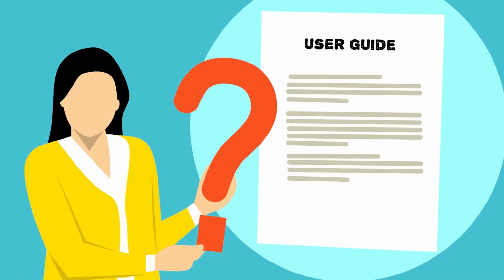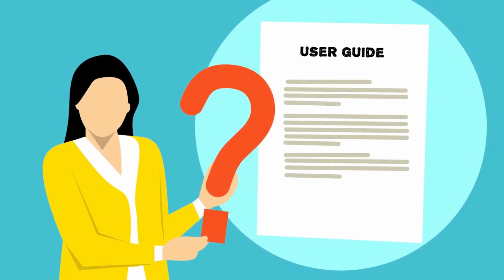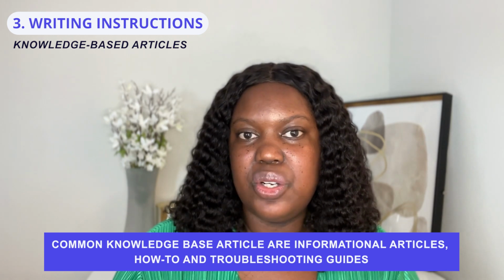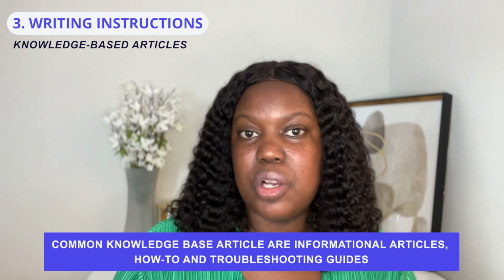Now, you may not know how exactly to go through that process, so you'd simply do a quick search online and you will see a solution guide that will be provided by that specific company with instructions on how you can possibly gain a solution to the problem that you're trying to solve. Common knowledge-based articles are informational articles, how-to, and troubleshooting guides.